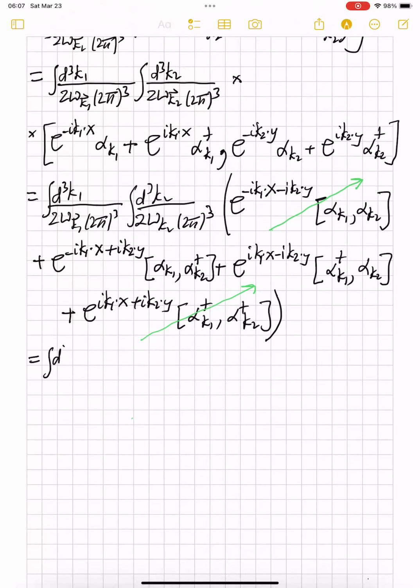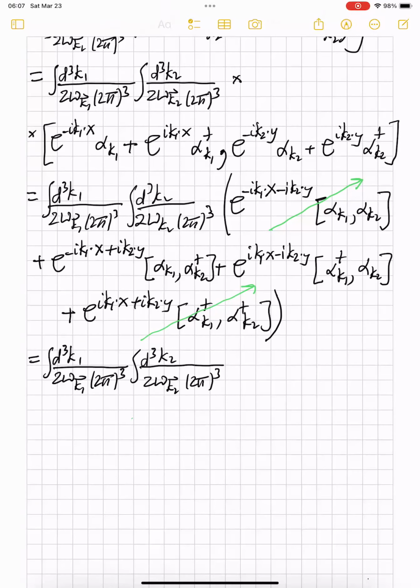So we'll get an integral d3k1 over 2 omega k1, 2 pi cubed. Then we've got an integral d3k2 over 2 omega k2, 2 pi cubed.